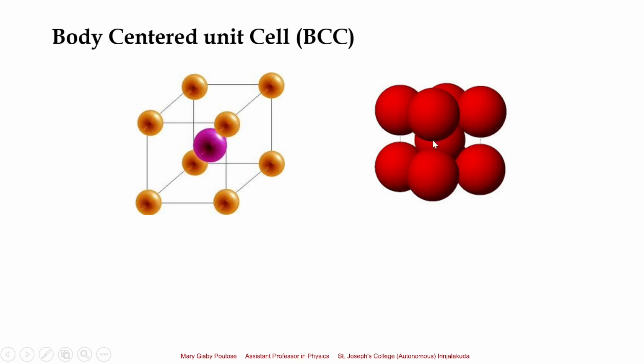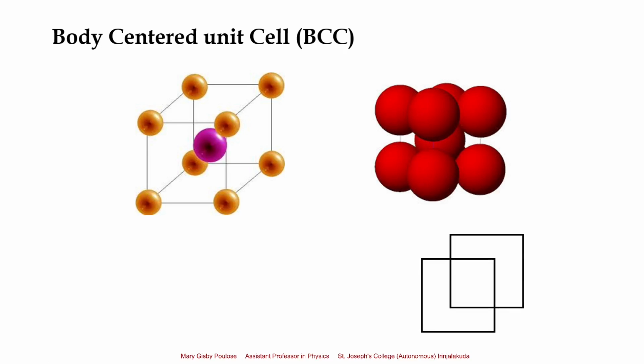And the body center atom will be touching the corner atoms. Now to draw that, first we draw a square, then another one in front of it. We match the edges. We place atoms at the corners, 8 corners. And finally, we place a body-centered atom.